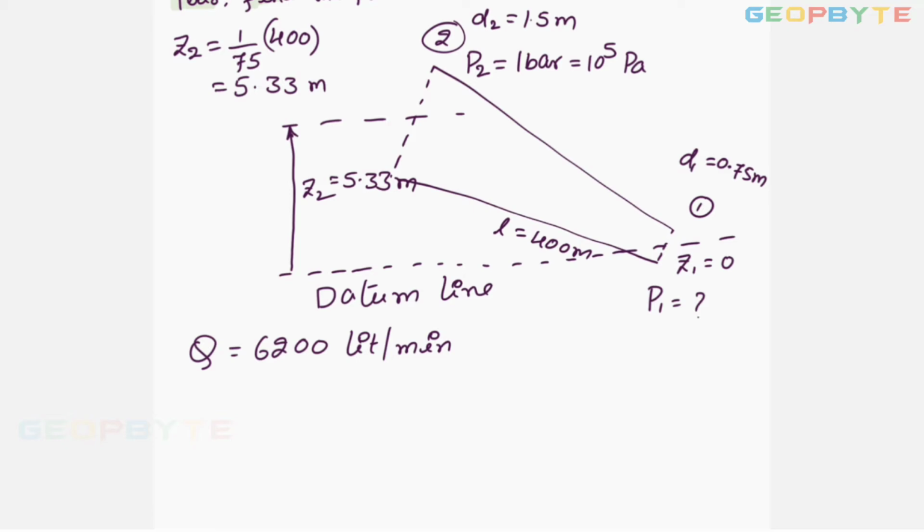First let us find the A1. A1 equal to pi by 4 into D1 square, pi by 4 into D1 which is 0.75 whole square. The A1 I got is 0.785.